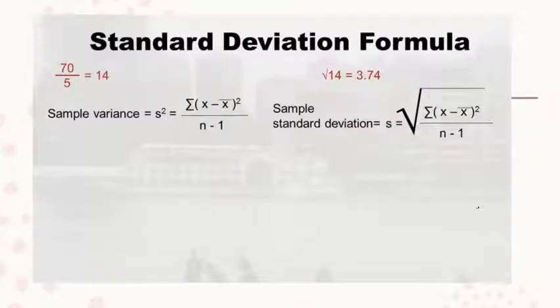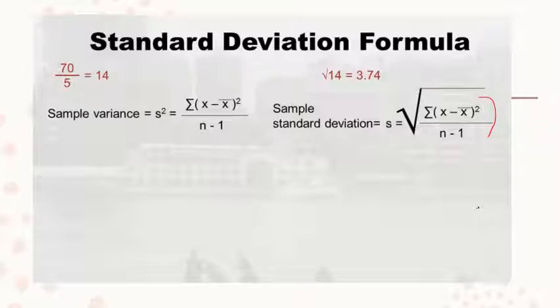Great, so after we figure out the variance, next step would be to figure out the standard deviation, right? In the last slide we already figured out the variance. The variance is 14. Remember, all we have to do to figure out the standard deviation is take the square root of the variance. I know this equation looks crazy, but we just did it.